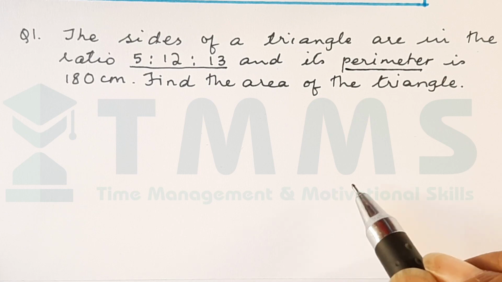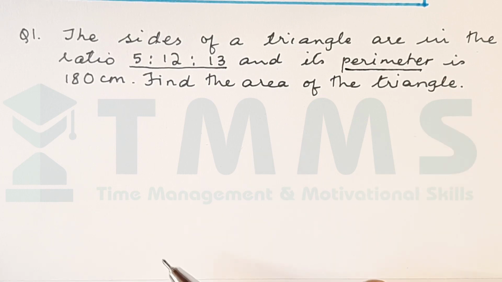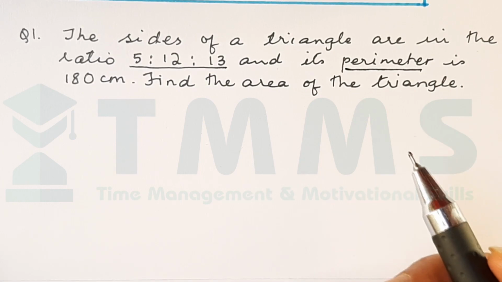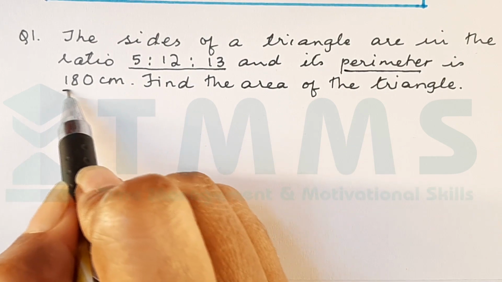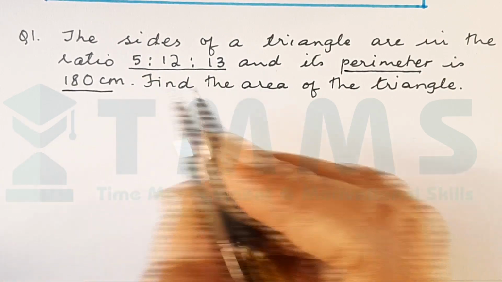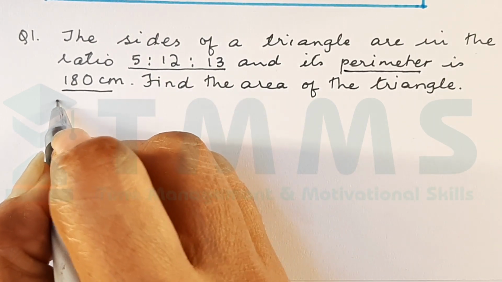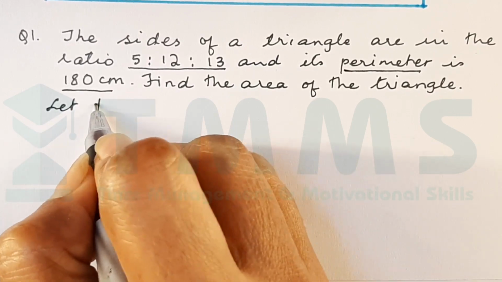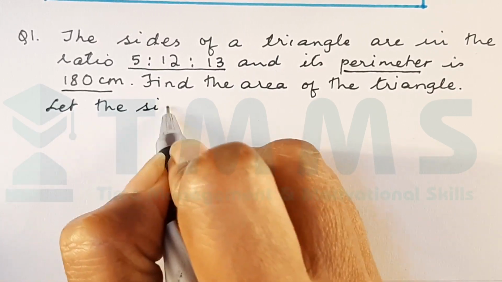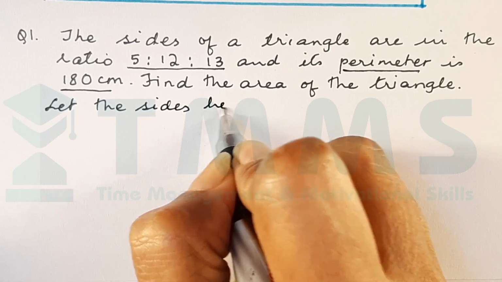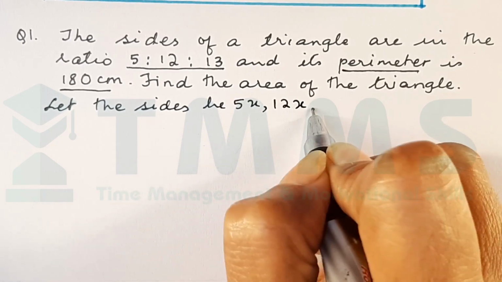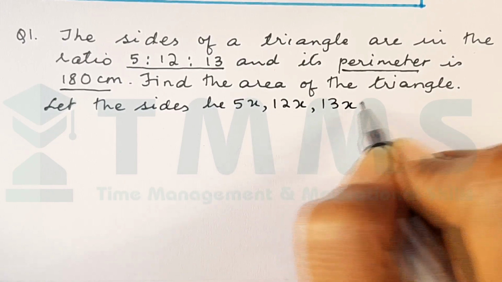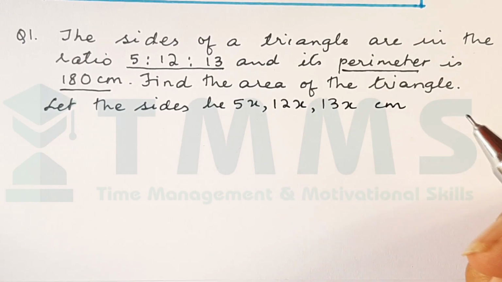What does our perimeter mean? If the 3 sides of the triangle are A, B and C, then perimeter becomes A plus B plus C. So can we not connect this with this? And so we will see, let the sides be 5x, 12x, 13x centimeter.